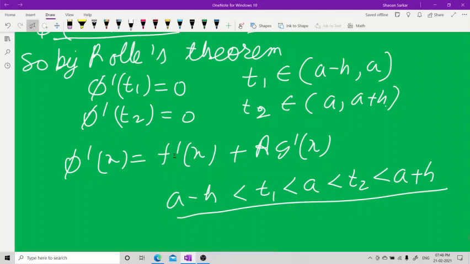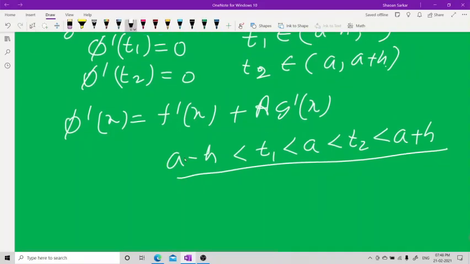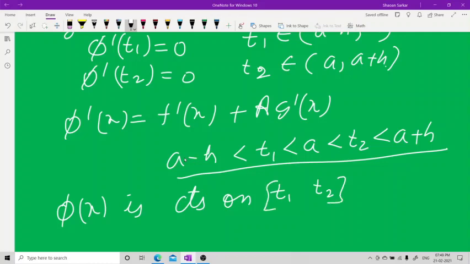Now, see one thing. Now we are going to find, see, phi x is continuous on this t1 and t2, and phi dash x is derivable because it is on the whole interval.